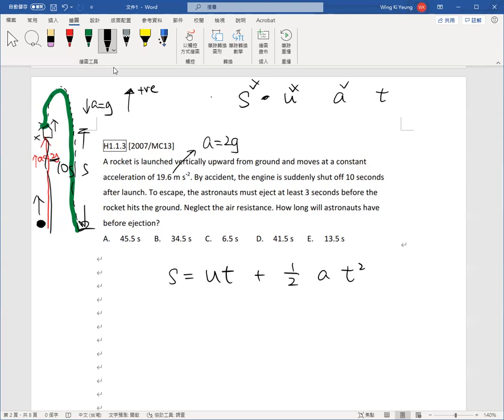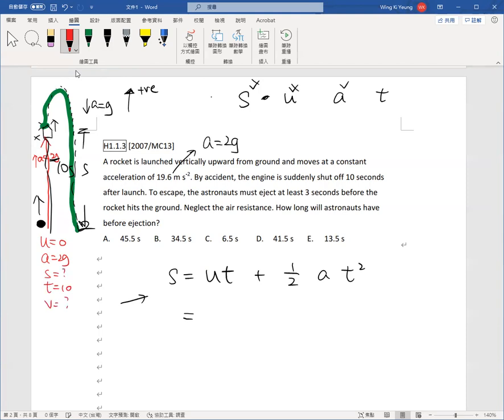Right now you don't have the s and you don't have the u, but you can find the s and u from the first part of motion, the red part of motion. To find the displacement for the red part of the motion, you know the initial velocity is zero, the acceleration is 2g, and the time is 10.